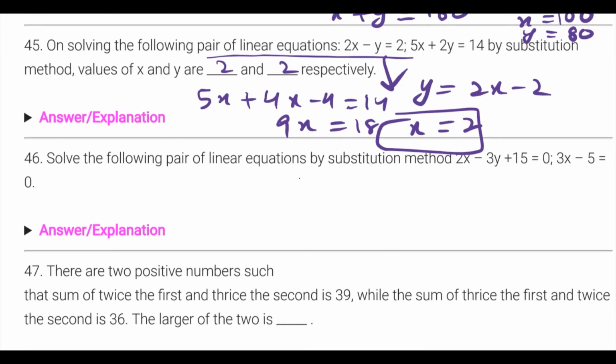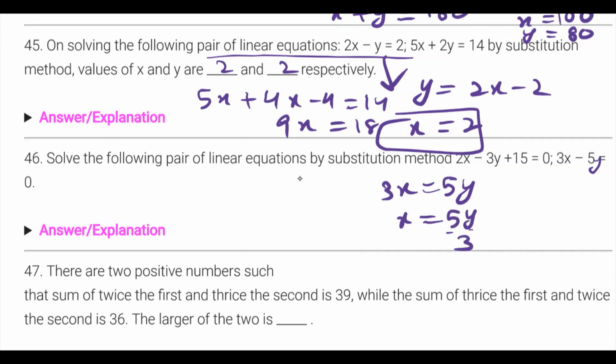So last two questions. Solve the following pair of linear equations by substitution method. Again the same thing. This is 5 into y equals 0. So 3x equals 5y. x equals 5 into y by 3.